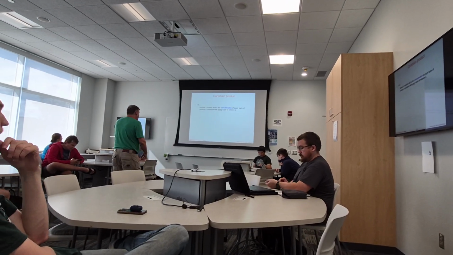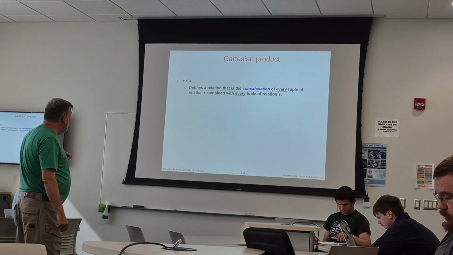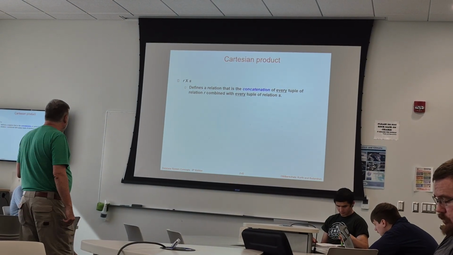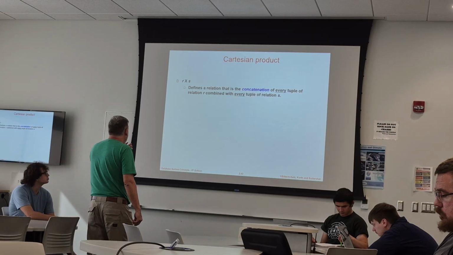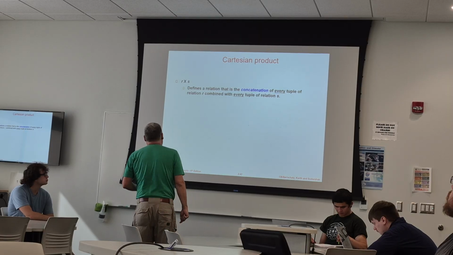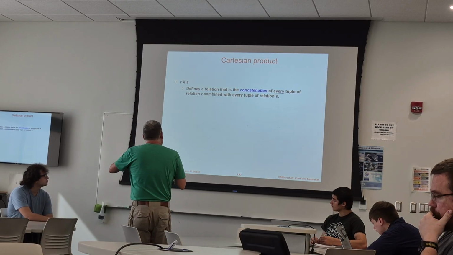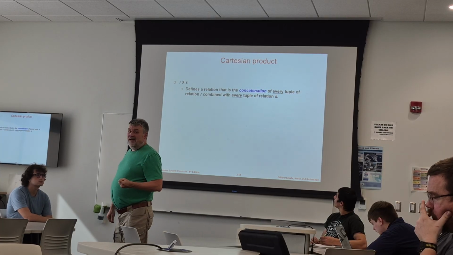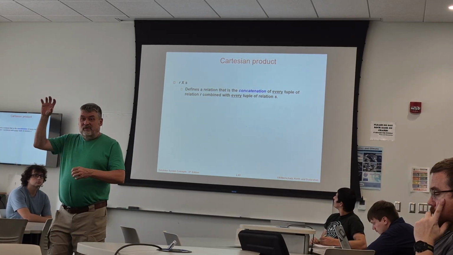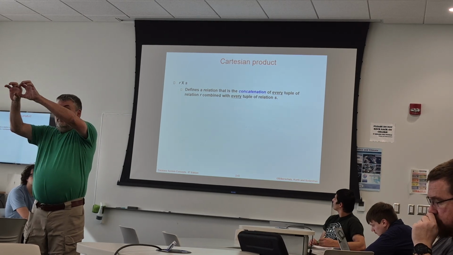And so the way that that's described in your book is we are creating a whole new table, a whole new relation out of relations R and S, and that new relation is a concatenation of every tuple, every row in R, combined with every row in S. We are basically, for every row in the first table, taking every row in the second table and combining those two.